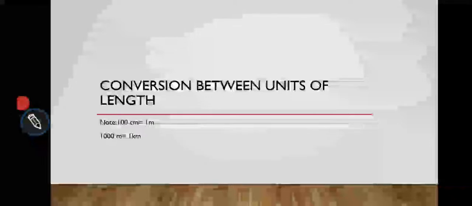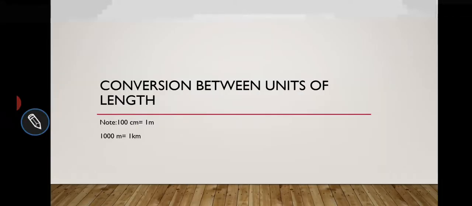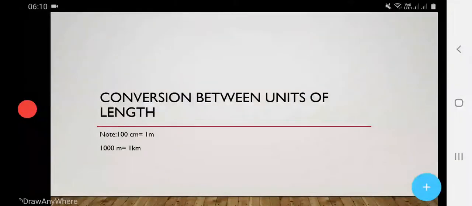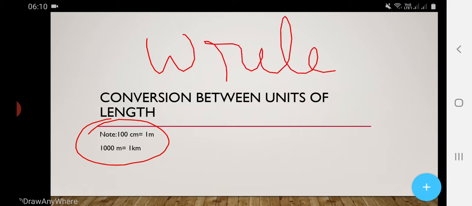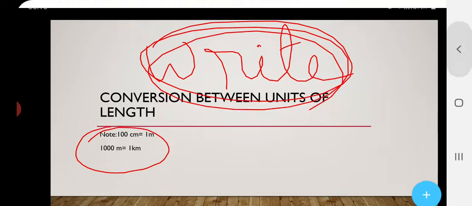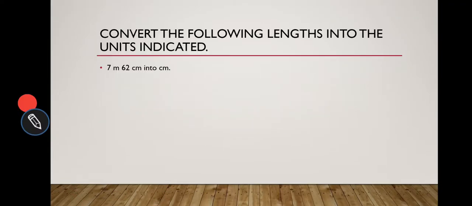Next, conversion between units of length. Note, 100 centimetre is equal to 1 metre. 1000 metre is equal to 1 kilometre. Write this in your copy. Now, convert the following lengths into the units indicated.